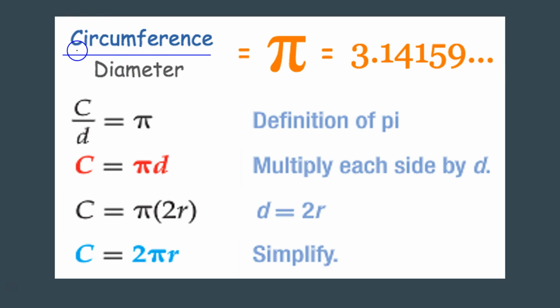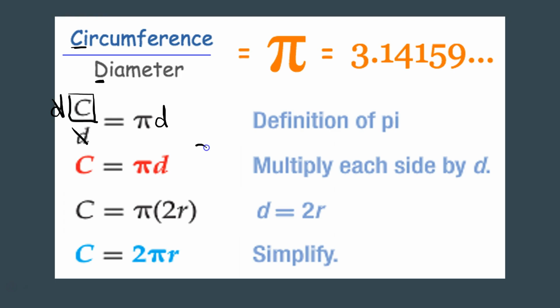Alright, so instead of writing circumference every time, I'm going to use the letter C. And instead of writing diameter every time, I'm going to use the letter D. So C divided by D is equal to pi. Then I want to find out what the circumference is. So think about this like we're boxing our C to get it alone. I want to multiply D to both sides. So that goes away. C is equal to pi times D, which is the diameter.